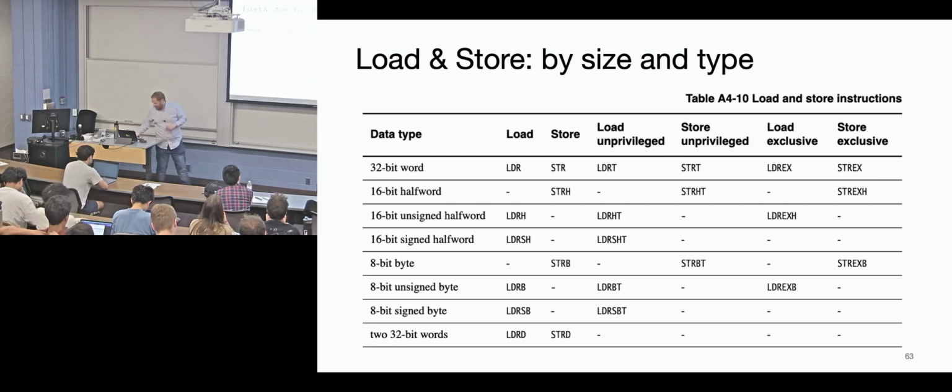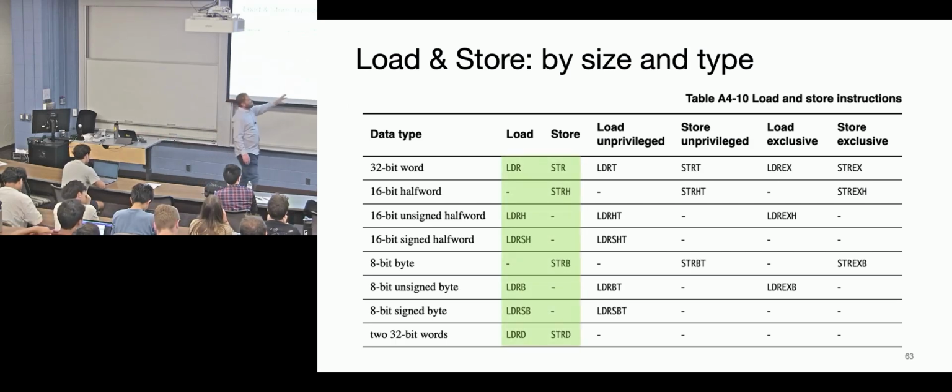We're not going to worry here about privileged and unprivileged and exclusive. It's just beyond the focus of this class. They also give you things like you can store a 16-bit word, you can load unsigned or signed. You can do an 8-bit byte store, 8-bit load.